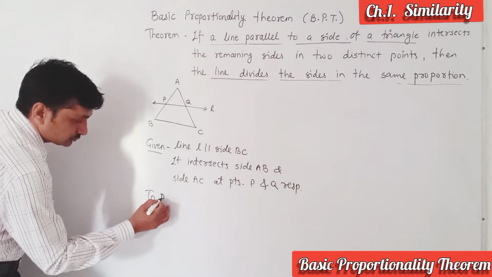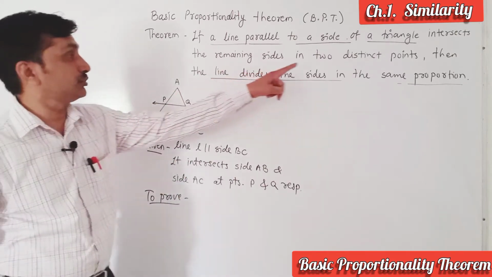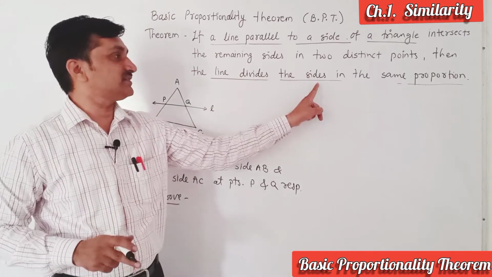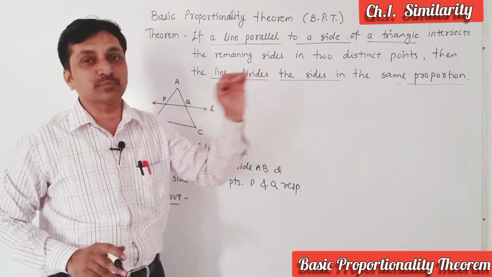What is to prove? The statement after "then" is to prove. Then the line, meaning L, divides the sides AB and AC in the same proportion.